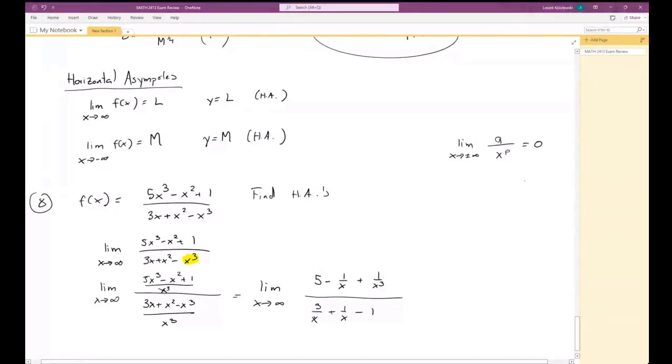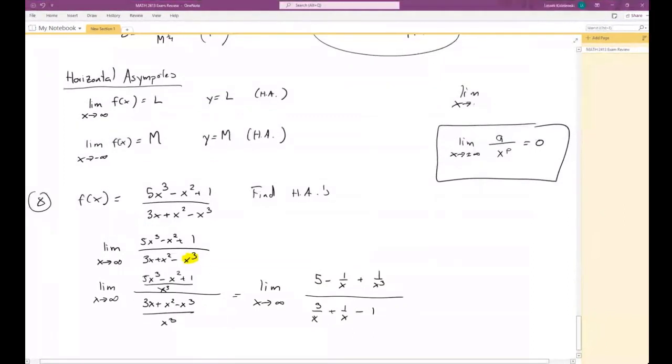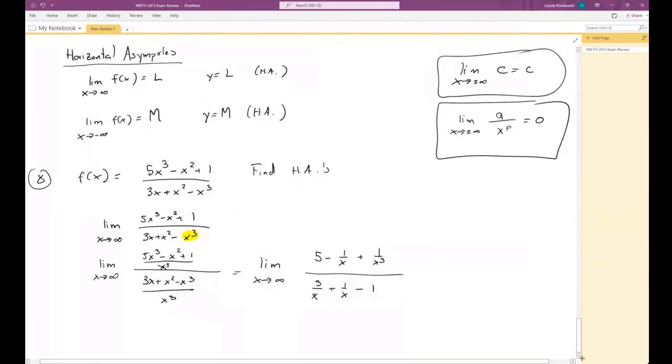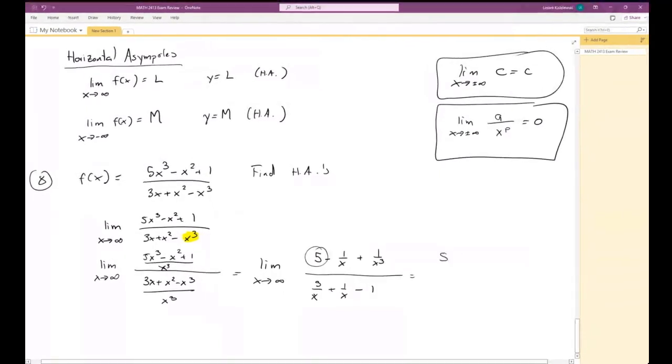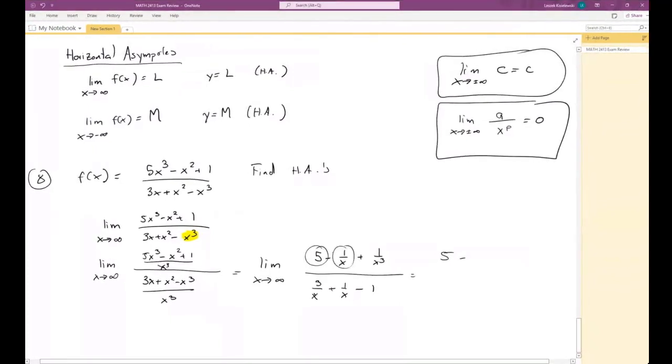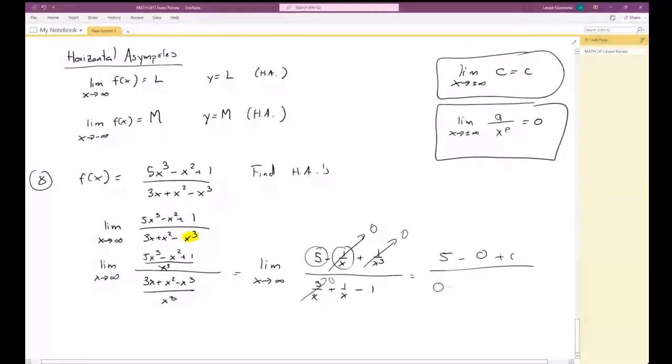That's what we're taking advantage of, together with the fact that the limit of a constant is the constant, when dividing by the highest power of x. So now using limit rules, the limit of a constant is equal to the constant. This goes to 0, this will go to 0, and so on and so forth.